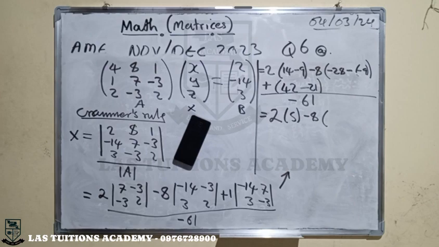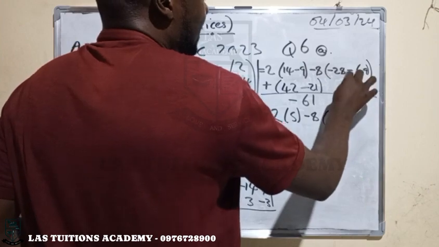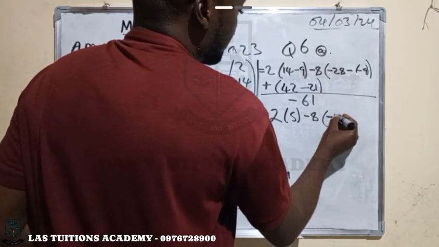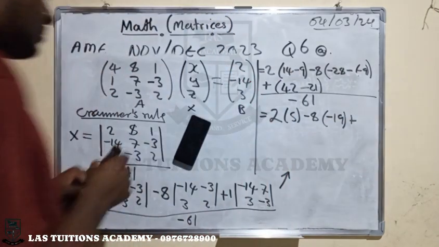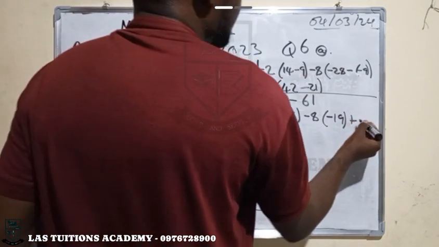Negative 28 minus minus becomes plus, so negative 28 plus 9, we get minus 19. Plus 42 minus 21, we get 21.